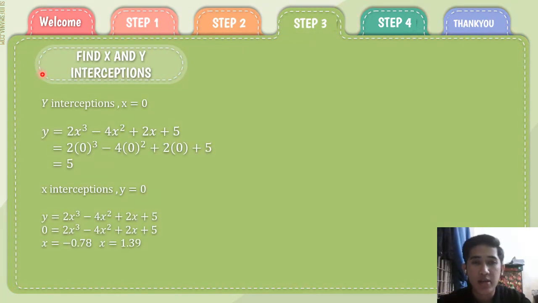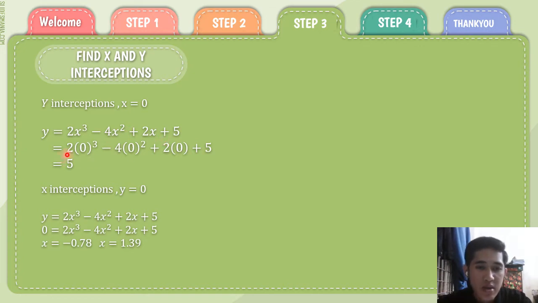To find the x and y intersections, if we look here, they already gave the value of x, which is x equals 0. So we change the value of x to 0 in the equation from the question earlier, y equals 2x cubed minus 4x squared plus 2x plus 5.